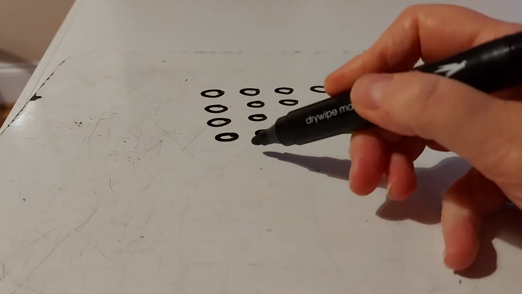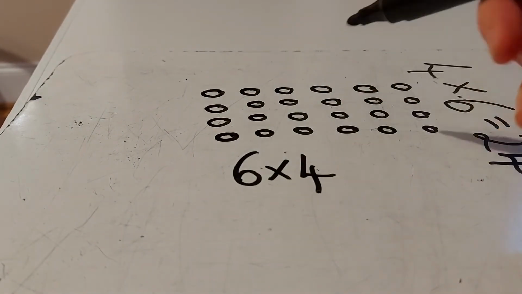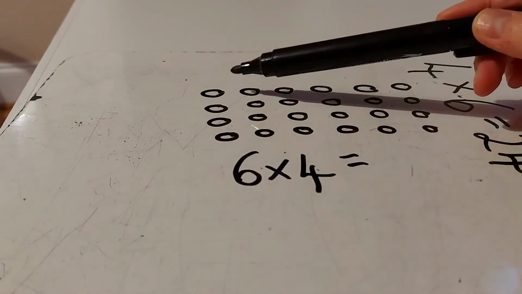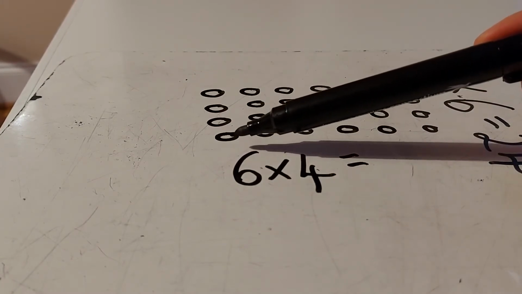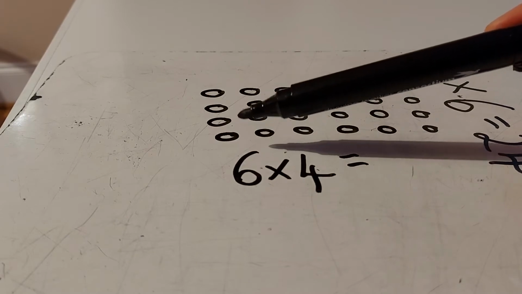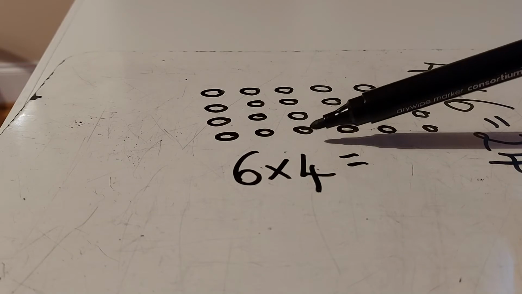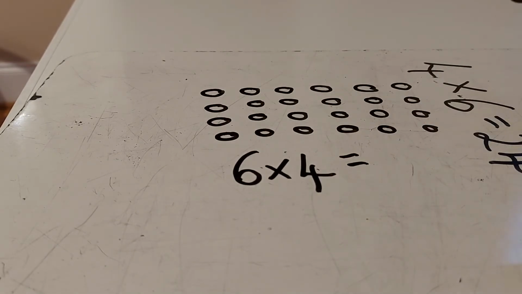So actually you could write this as 6 times 4, 6 lots of 4, and let's count them up all together. Now this time, instead of counting them individually, because it's quite time consuming, I'm going to count them in groups of 4. And I'm going to count in 4s. Okay, so a repeated addition of 4. 4, 8, 12, 16, 20, 24.